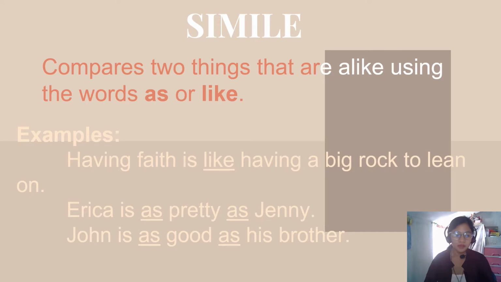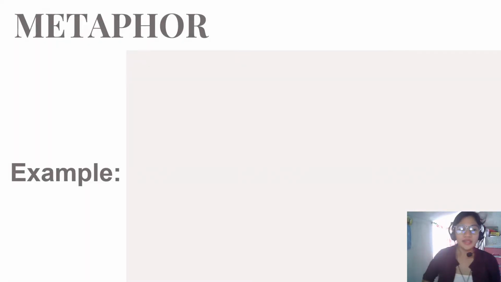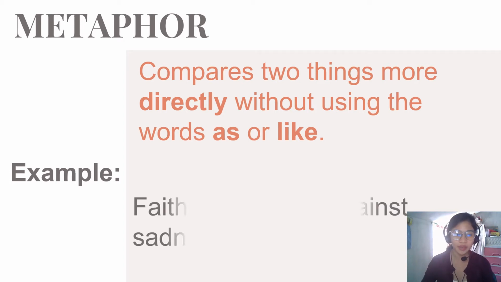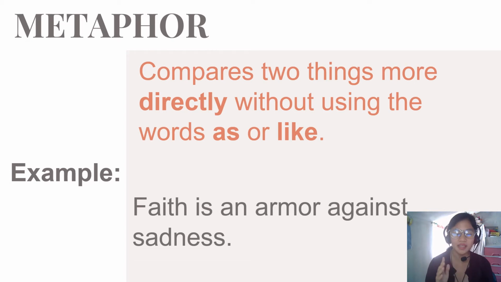The next one is metaphor. In metaphor, we are also comparing two things, but more directly, without using the word as or like. Because we are comparing directly, that's why we do not have to use as or like. For example, faith is an armor against sadness.